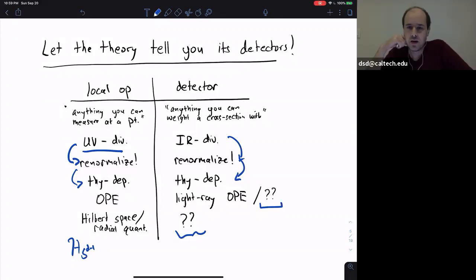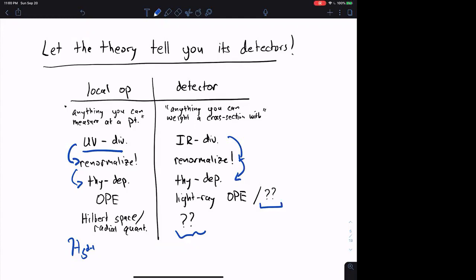One example of a detector is the integral of a local operator. And in that case, this renormalization procedure is just the renormalization of that local operator. But as I'll talk about next, the space of detectors is larger, so it contains more than just that procedure. But you're absolutely right. In the case where you have the integral of a local operator, it's just renormalizing that local operator. Thank you.